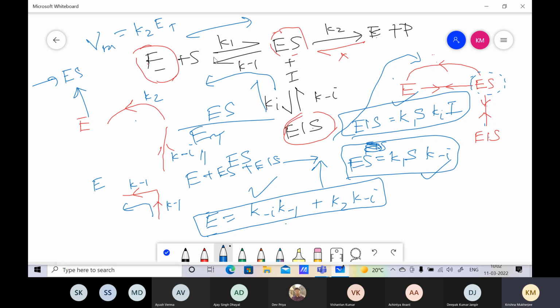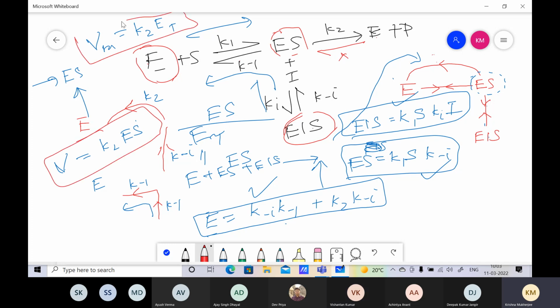V is equal to K2 into ES. That you remember, right? We have talked about this. Vmax is equal to K2 into ET. So V by Vmax is equal to ES upon ET. So V is Vmax into ES upon ET.